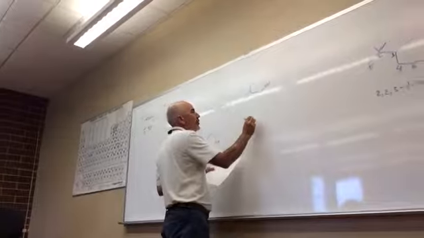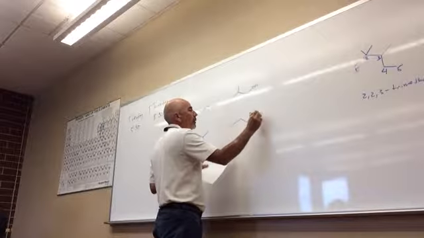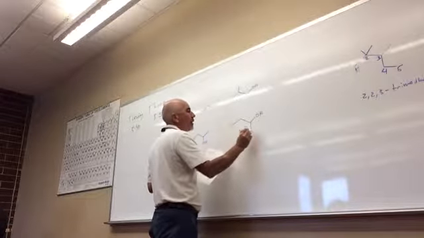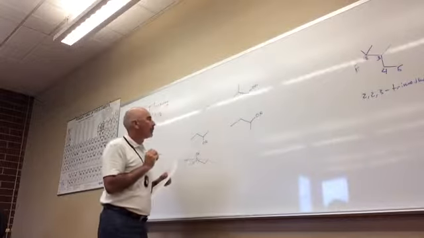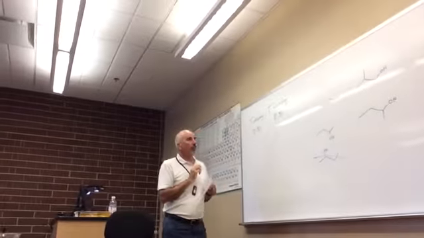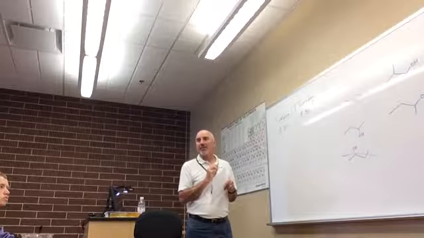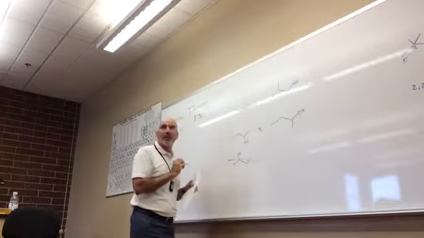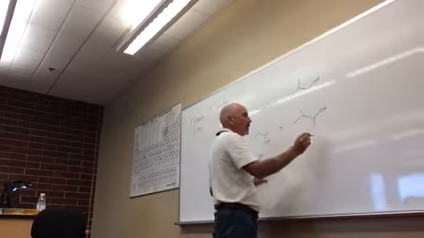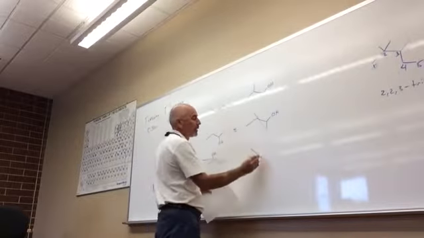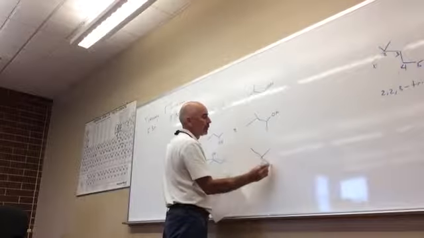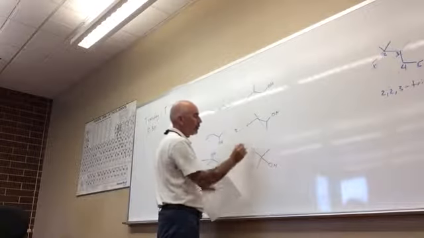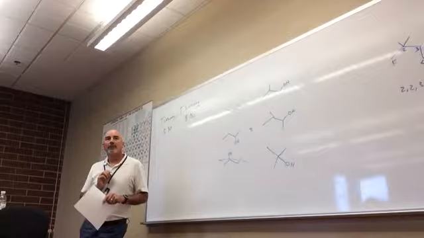And then if I shorten up the chain and put the OH there, can I do that? You already did that one. Which one is that the same as? The one to the left. Those two are now equal, so you can't do that one. Okay, so there's this one. 1, 2, 3, 4.